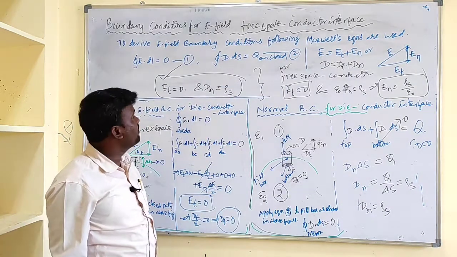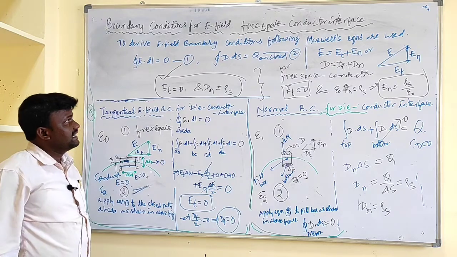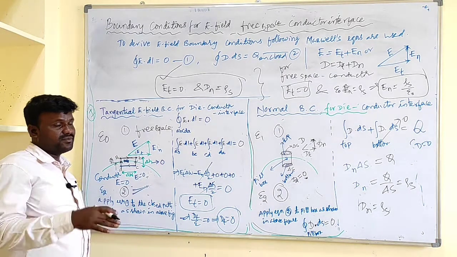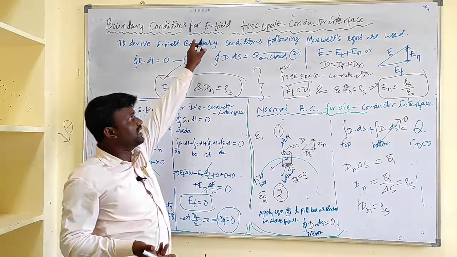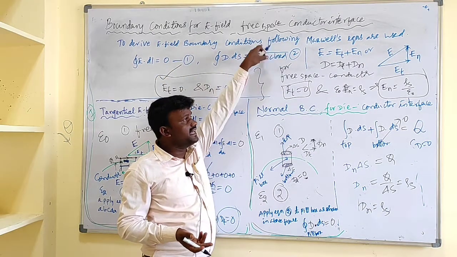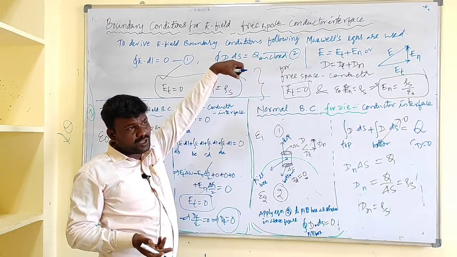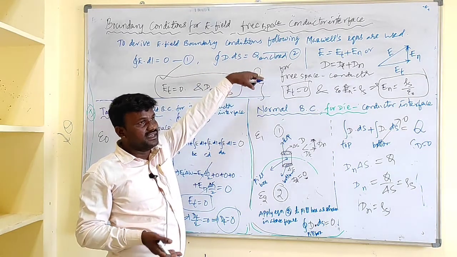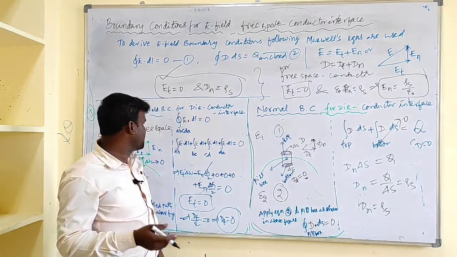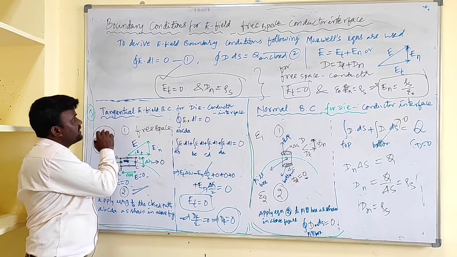This is all about the boundary conditions for the dielectric conductor interface and the free space conductor interface. If you know the boundary conditions for the electric field at a dielectric conductor interface, indirectly we have them for free space conductor. Free space is an example of a perfect dielectric, so simply we replace epsilon with epsilon naught.